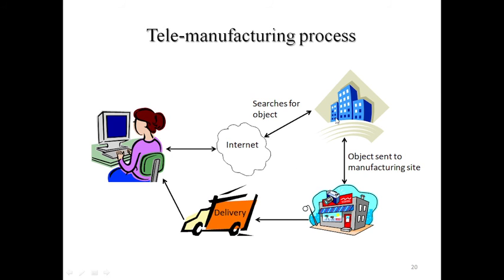And maybe you can send that information to the manufacturing site, so that the same can be supplied to you. And this happens without you having any ownership of the manufacturing resources, which otherwise are very costly. So this is quite useful.